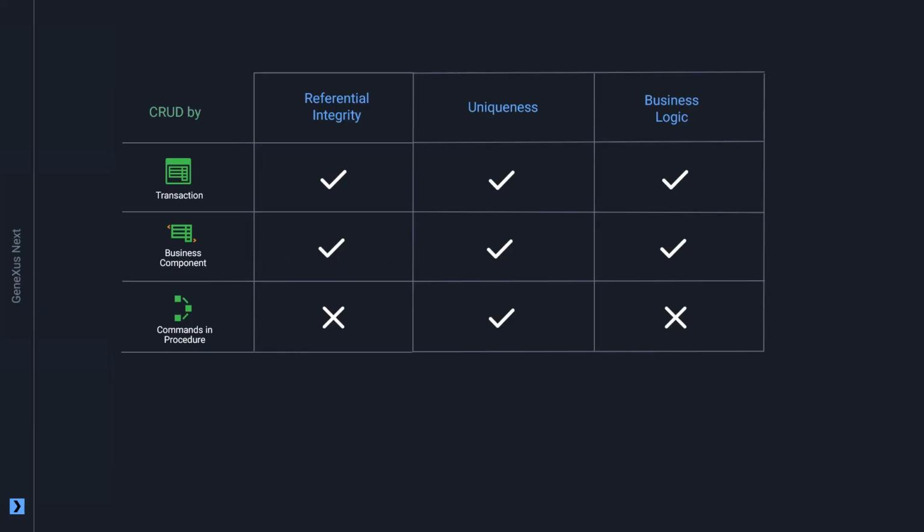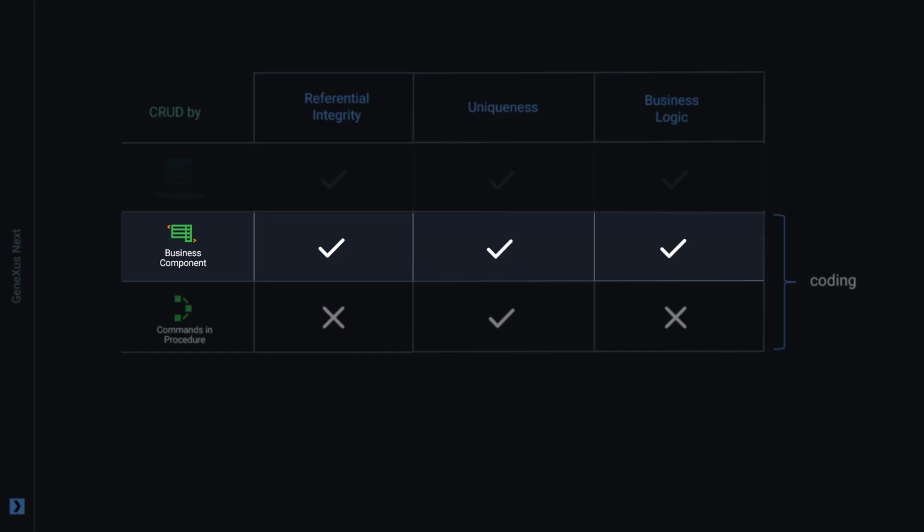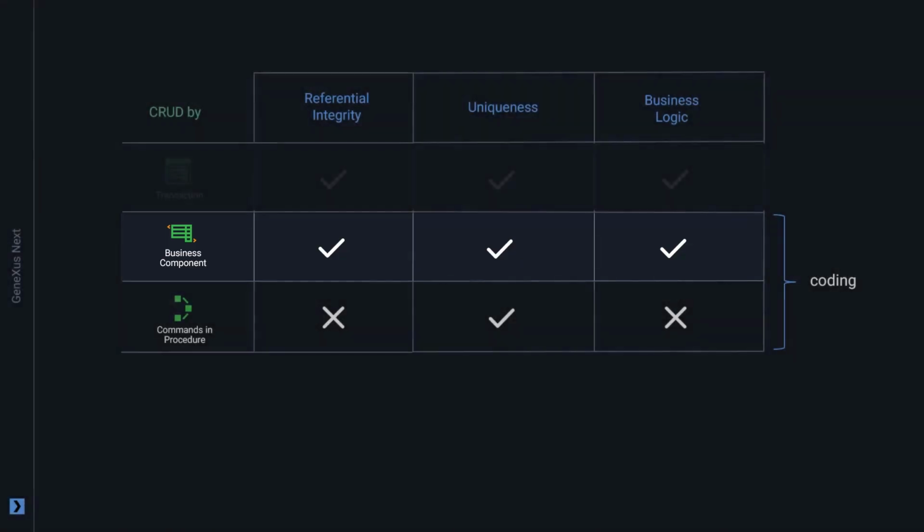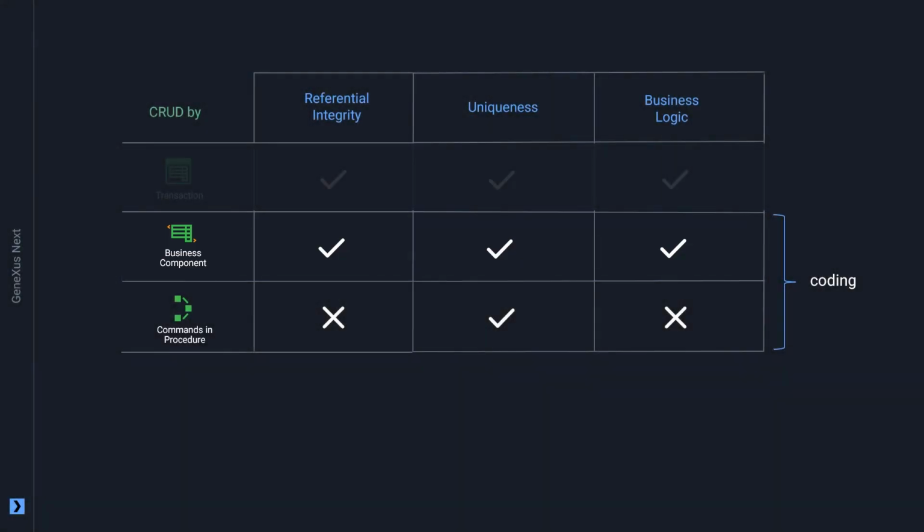In this set of videos, we learned that we could perform CRUD operations in code in 2 ways. 1. Through the business component's data type, which is obtained from the transaction, preserving its data structure, the integrity controls for that data, both referential and uniqueness, and the rules and events that do not depend on the screen. And 2.